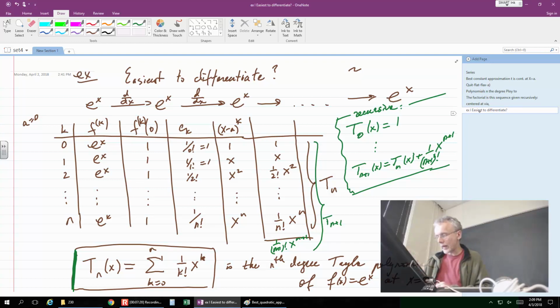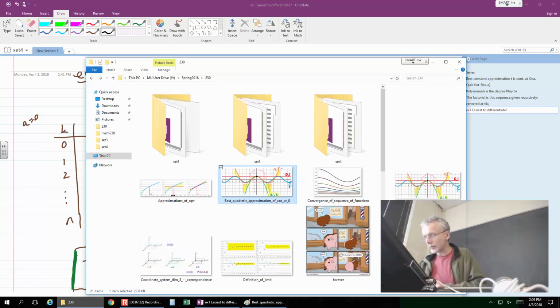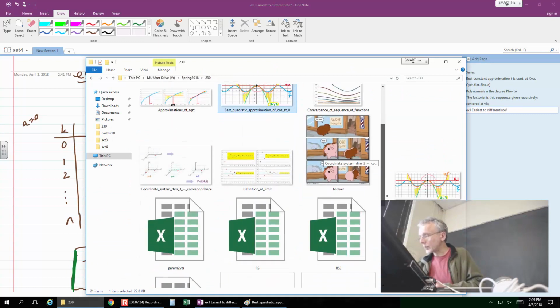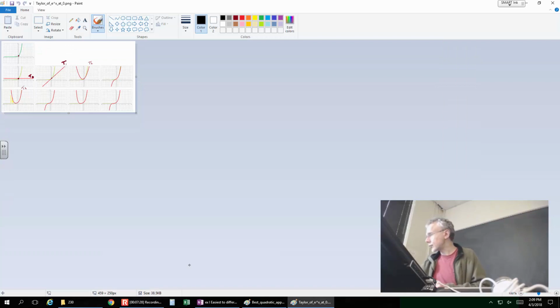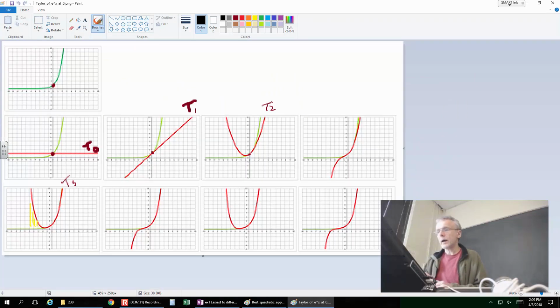Okay, so that is the other picture that I showed you last time of approximation of the exponential function. That is actually a very strong indication of how approximations improve. The function that we are approximating is in green.